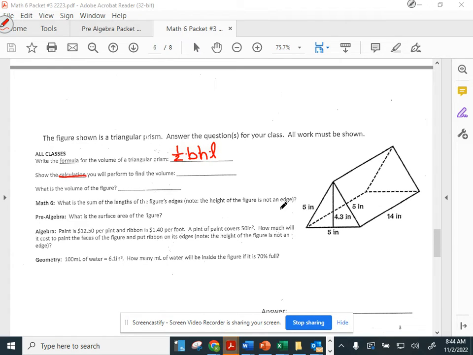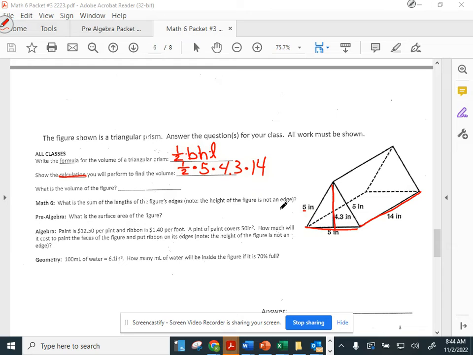So for the calculation, we're going to put in our numbers. So we have 1/2 times our base, which is 5, times our height, which is 4.3, times our length, which is 14. So you need to use your calculator and multiply those 4 numbers together.